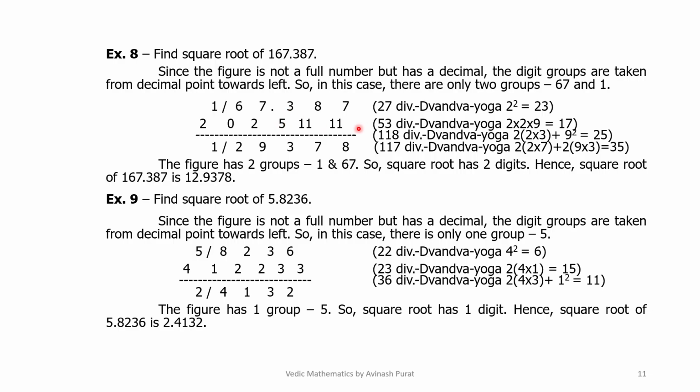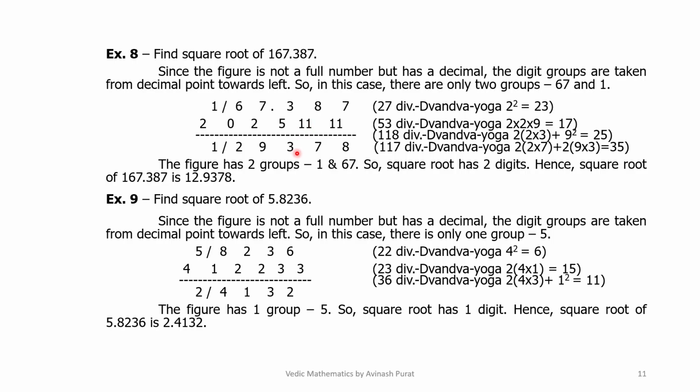Now 53 is the next dividend. Dvandva Yoga is 2 into 9, that is 18 into 2, 36. 53 minus 36 is 17. Now 17 divided by 2, we get 3 as quotient and 11 as remainder.